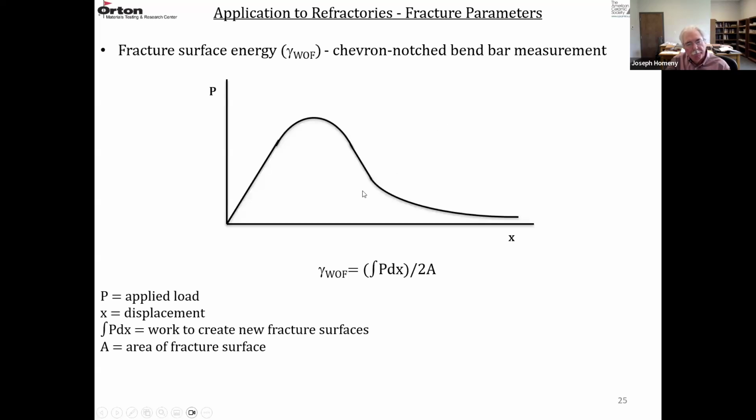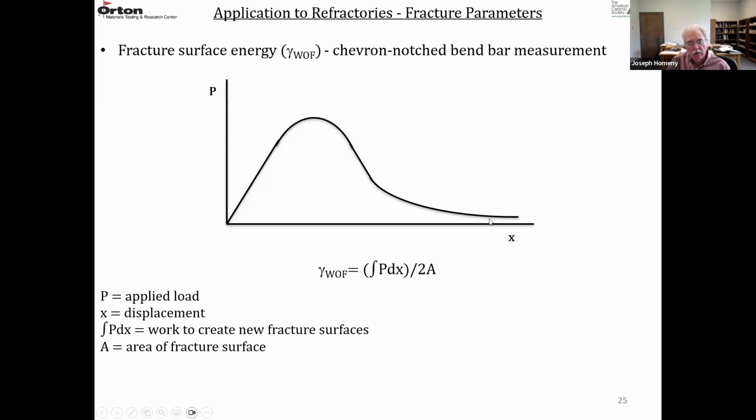You want to load it, you want it to bend over, and then it has this long tail, looks something like that. You don't want a brittle fracture, which would be a straight, vertical drop. You want this very stable fracture.